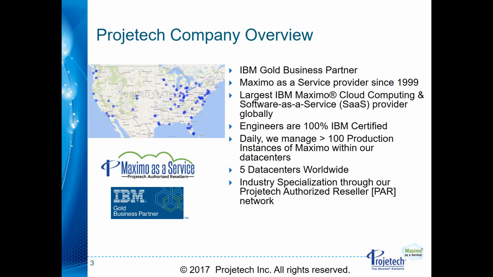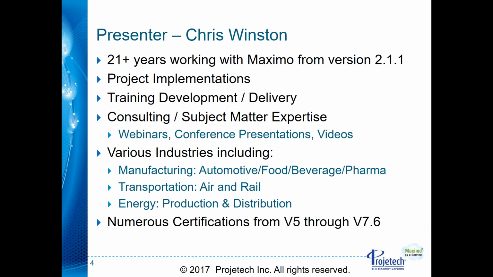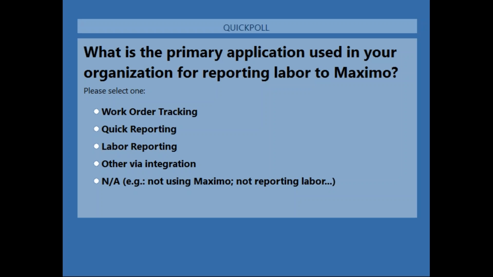And as for myself, actually, let me go ahead and launch the poll before I forget to do that. And where is it? Let's see, we'll get the poll launched. There we go. So just a brief question.